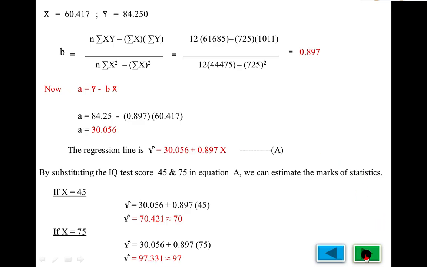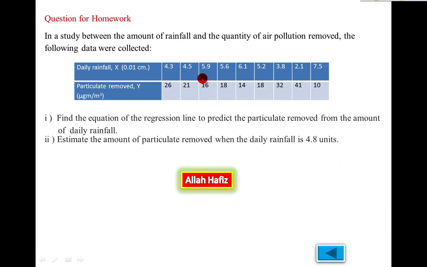Okay, now a question for homework. In a study between the amount of rainfall and the quantity of air pollution removed, the following data were collected. Daily rainfall in 0.01 centimeters is given, but there is no importance of this unit in statistics. I have already explained this.